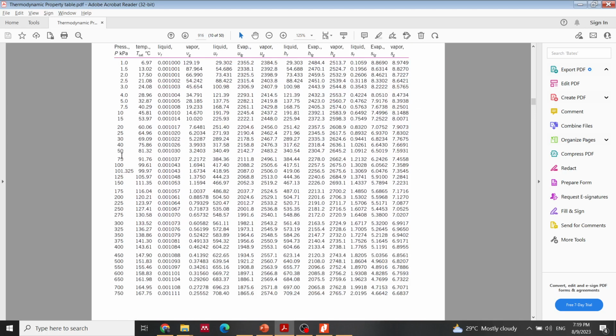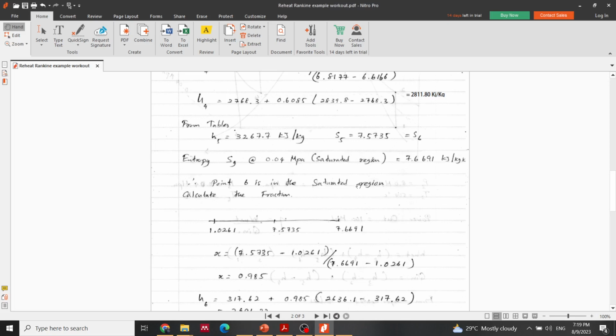The pressure is 40 kilopascal, and the SG is 7.66, right? So if we come back, the SG gas is 7.66, but the value we are getting for S6 is 7.57.